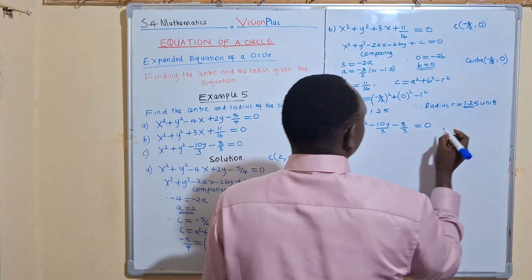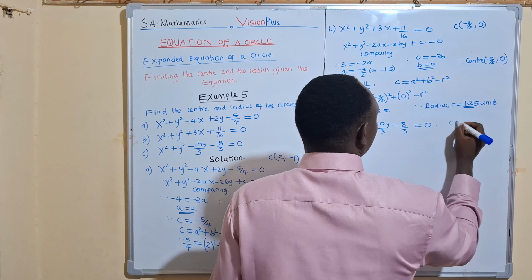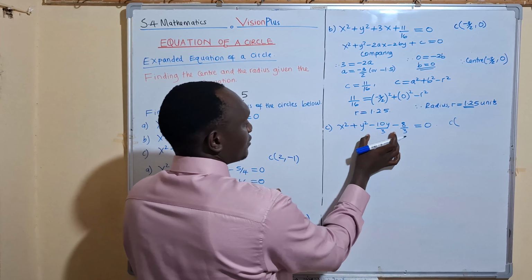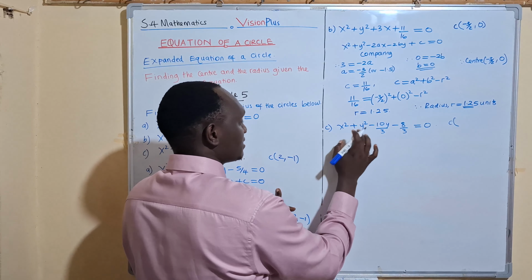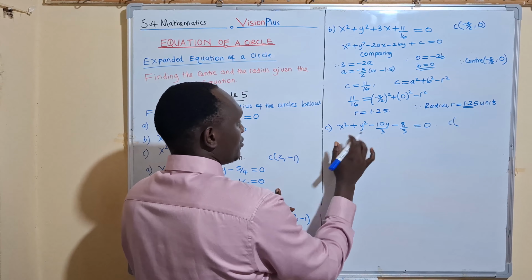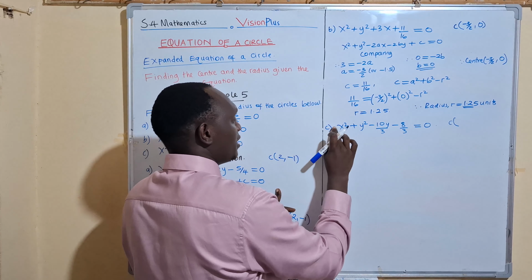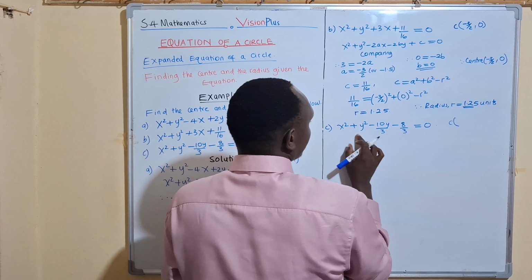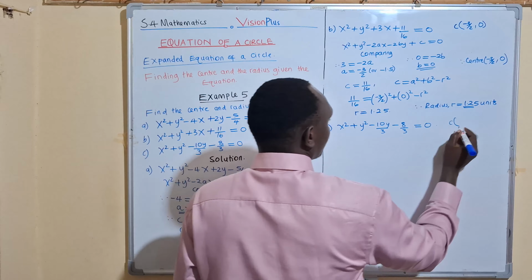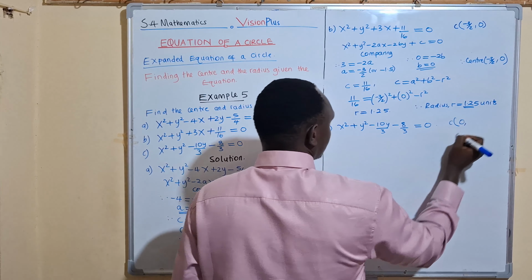By mere assessment, the center: look for the term in x, not x squared and not y squared. Just forget about them. The thing that you need to do is to make sure that their coefficients are 1, 1. Now, there's no term in x here. That means the coefficient of x was 0. So a is 0.